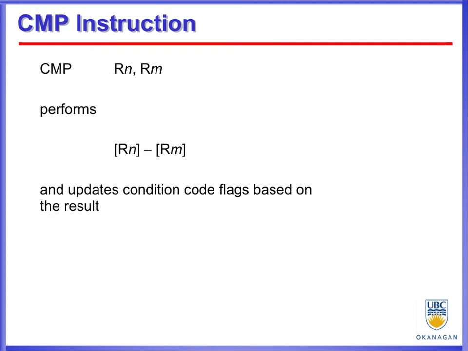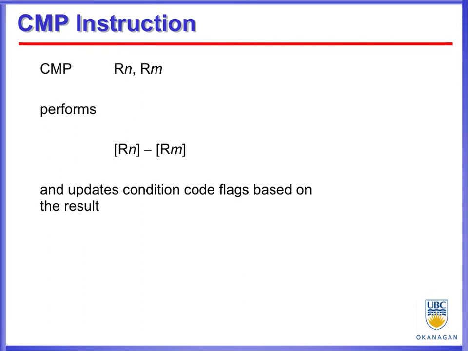Finally, we have what's called the compare instruction. The compare just does a simple subtraction. It doesn't change either one of these registers. The values in these registers are not changed. They are simply differenced. And this will again update the condition code flags based on the result of this subtraction, whether it resulted in a 0, or if what's in Rn is smaller than what's in Rm, then this subtraction will result in a negative number.